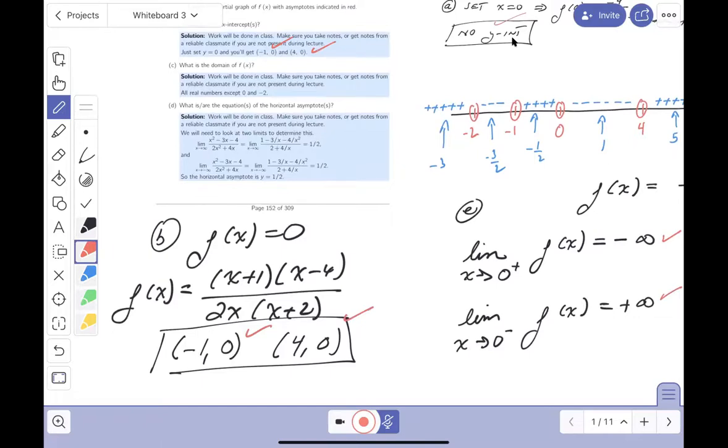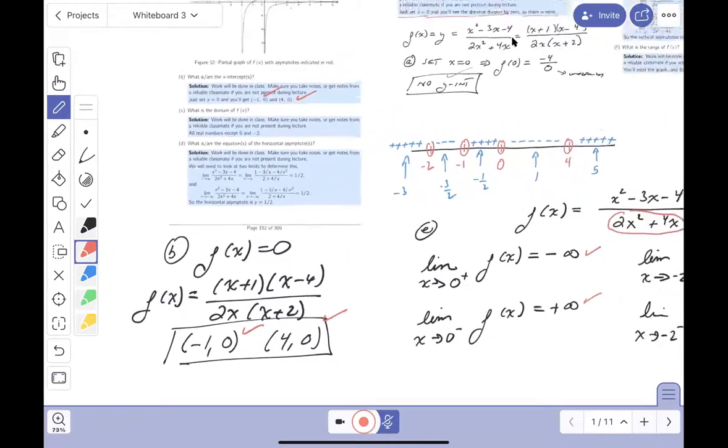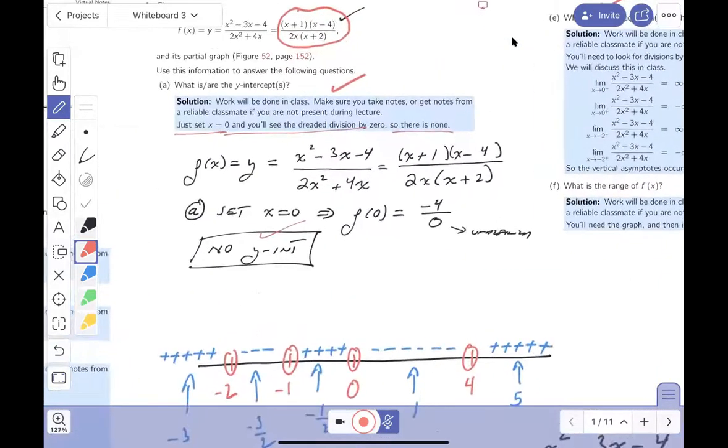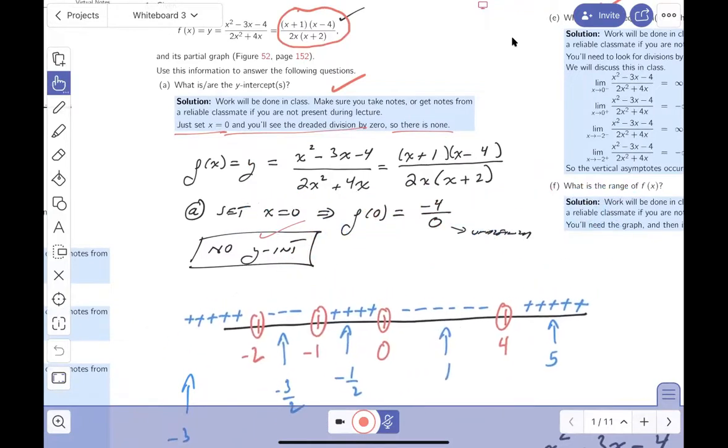What's the domain of f? Fairly simple. It's going to be all real numbers except those places where this function is undefined. Well, if you look at the function again, there's only 2 places where it's undefined, and that's where the bottom becomes 0. When does the bottom become 0? At 0 and at minus 2. So I'm going to write that down for you.